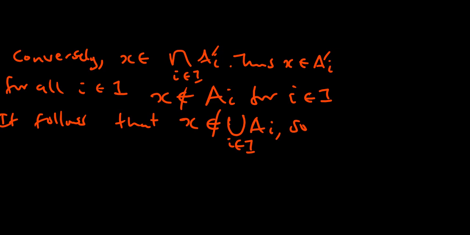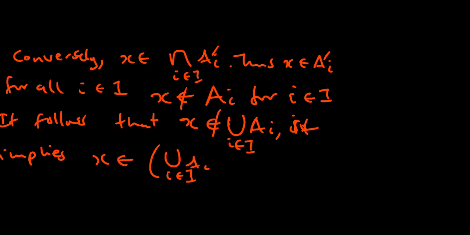But if it's not in the union, this implies it must sit in the complement of the union. So x is a member of the complement of the union of these sets. So it's a member of that.